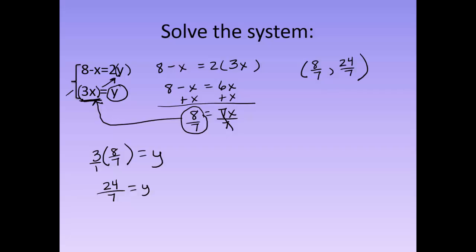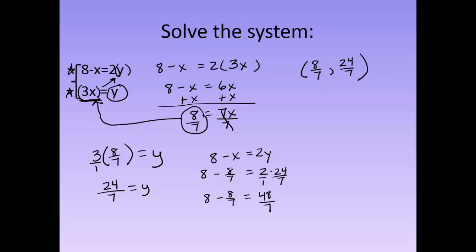Remember, I just used this equation, so now I'm going to use this one to check. All right, plugging in our current values that we think are correct, we have 8 minus 8/7 is equal to 2 times 24/7. I'm just going to simplify that a little bit. 48/7.